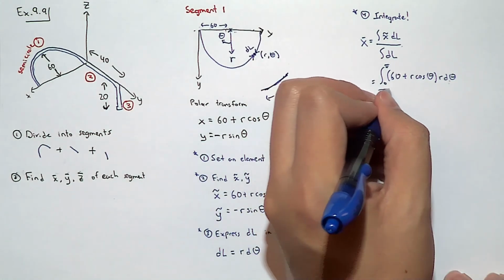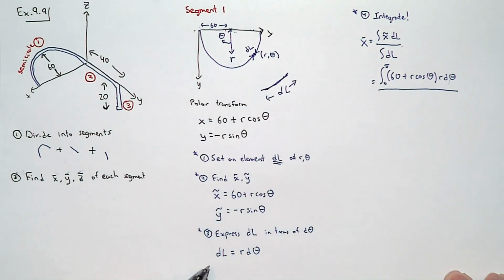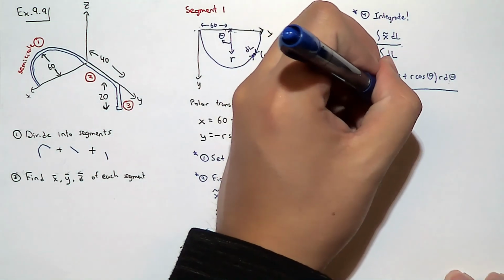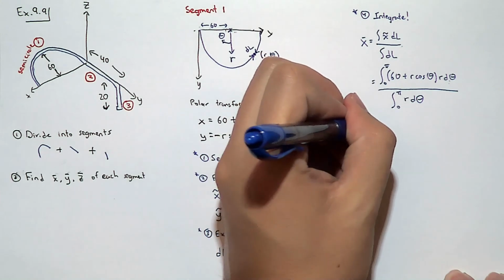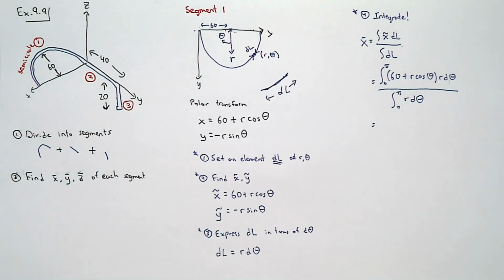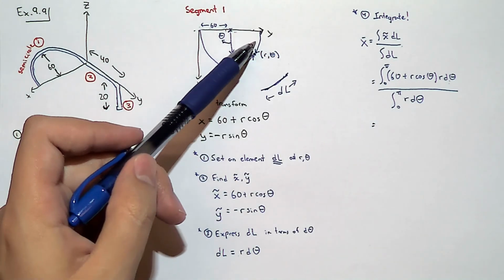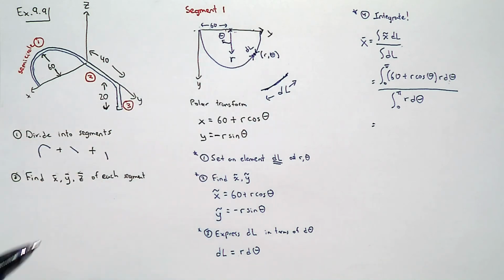And then the denominator, we have integral dl, which we found from step number 3 to be r d theta. So integral from 0 to pi of r d theta. Now, Andy already told us that r is actually constant throughout the entire line, right? It's a constant value of 60, which is given, which means that we can treat r as a constant. If we can treat it as a constant, we can take it out of the integral.